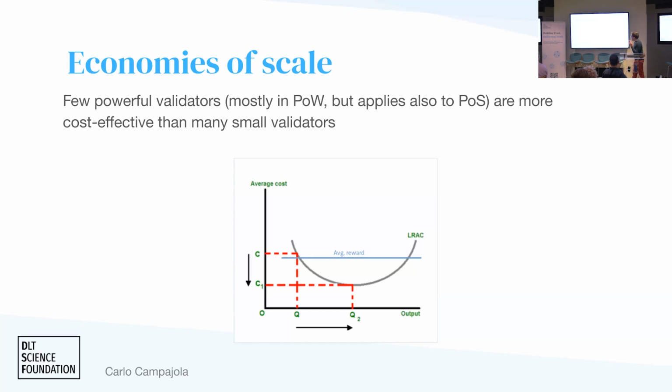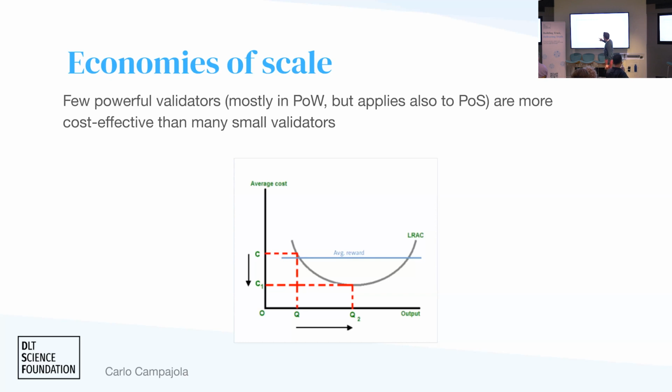So this is a problem in the sense that the difference between these two lines is the margin. A miner that is able to produce Q2 blocks is going to make a lot higher margin than a miner that produces Q blocks, right? Actually, the Q guy is below the reward, so it is unsustainable. He's not going to make enough money.